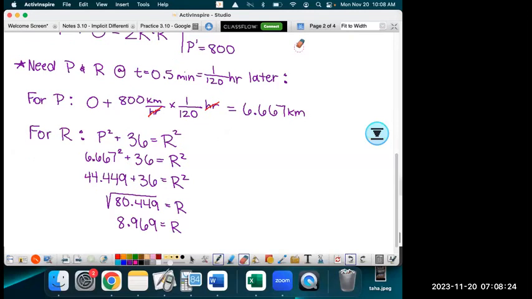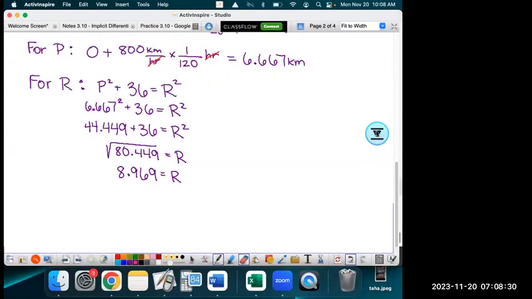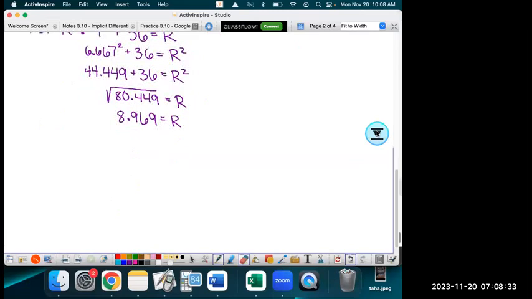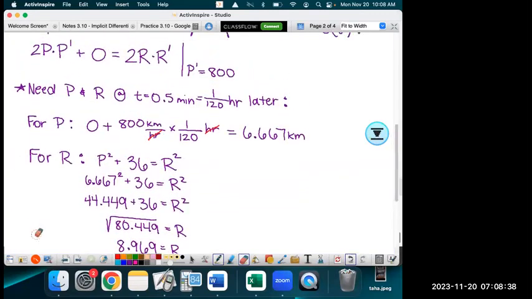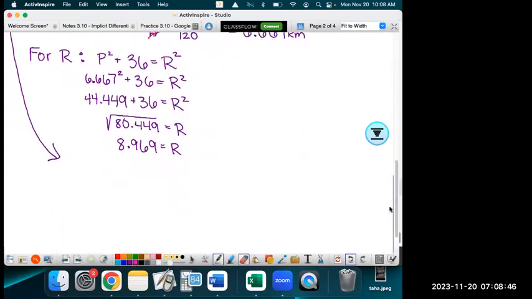Okay, take a quick look through the work. Now we can go ahead and evaluate our derivative. I guess I'll draw a little arrow down here. All right, so it was 2p times p prime.